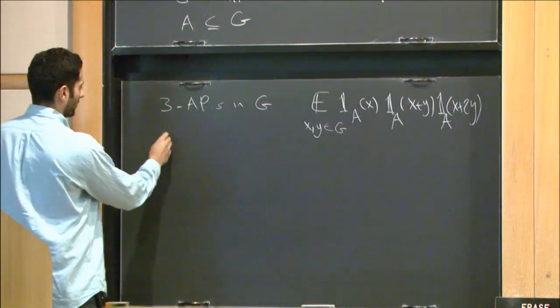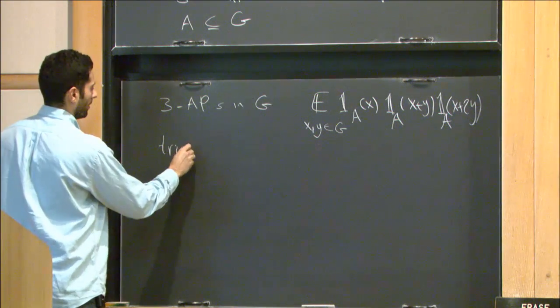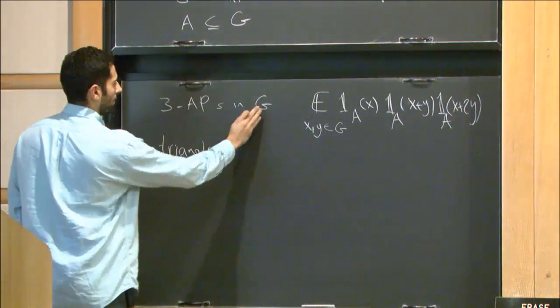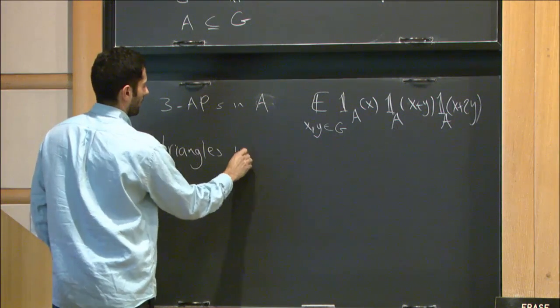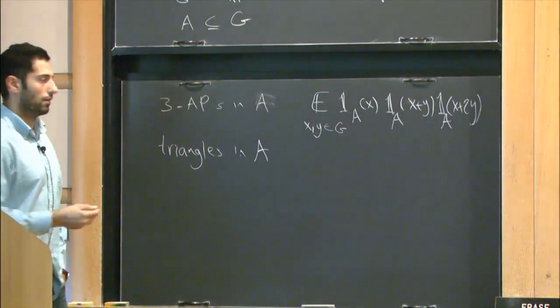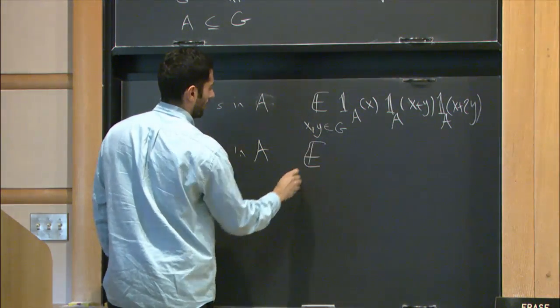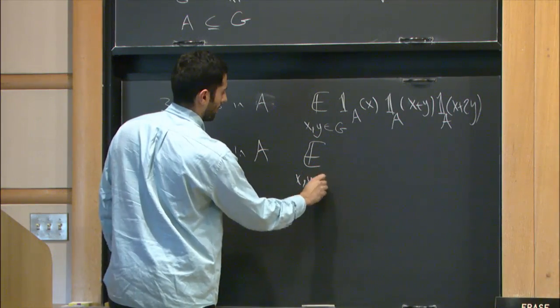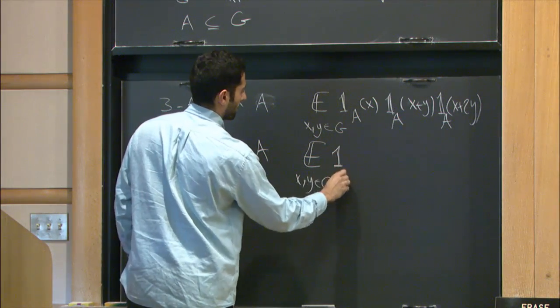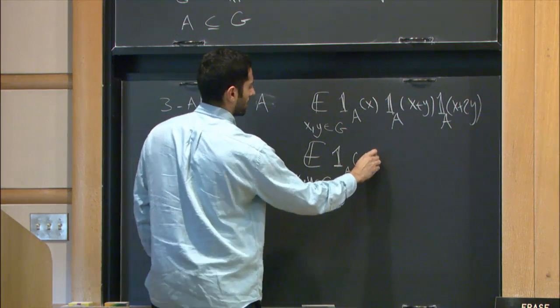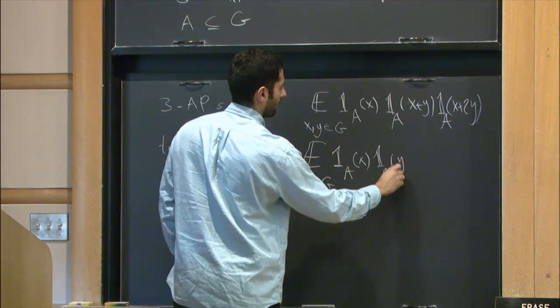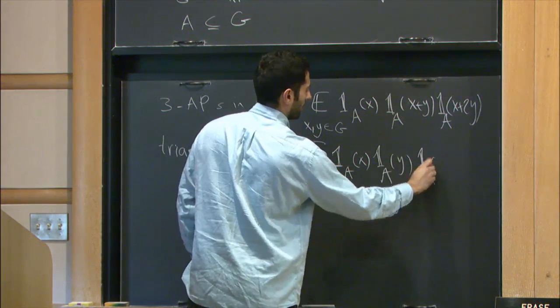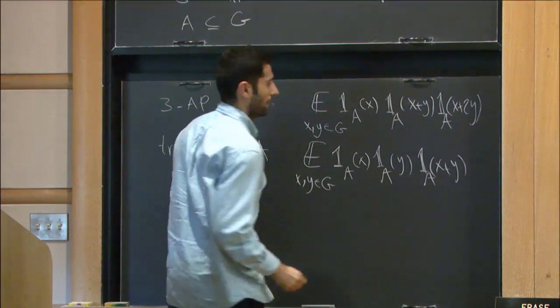So another example could be triangles in A, and this can be, again, represented by 1_A of x, 1_A of y, and 1_A of x plus y.